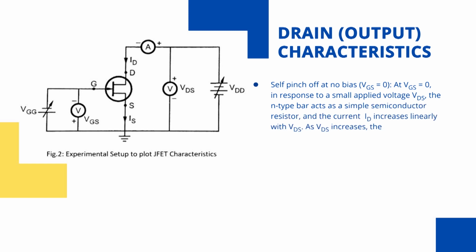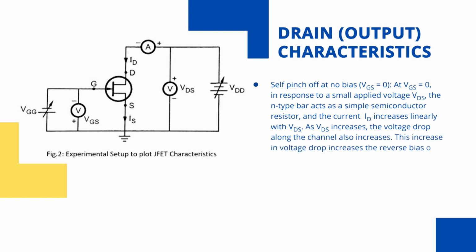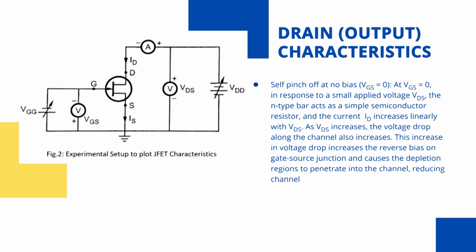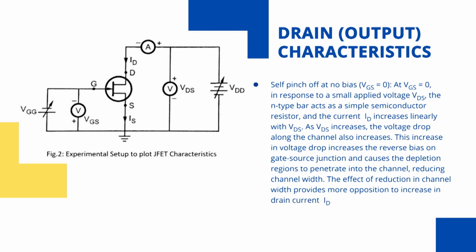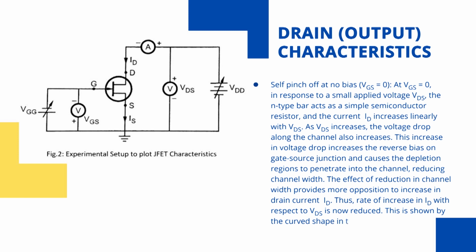So, at VGS equals 0, in response to a small applied voltage VDS, that is the drain voltage, the N-type bar acts as a simple semiconductor resistor and the current increases linearly with the drain voltage.